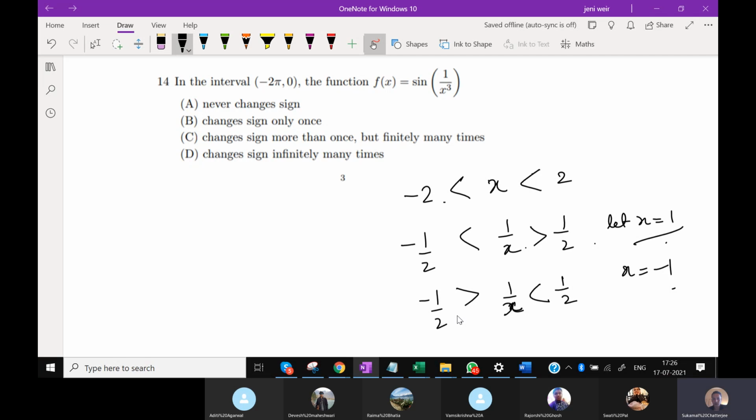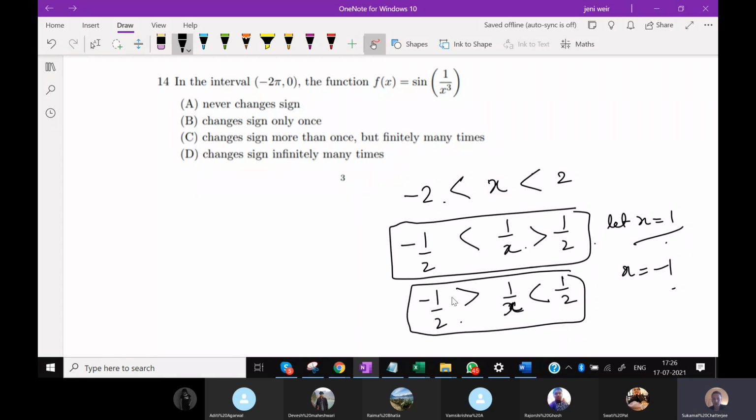This is a very important concept of inequalities that you have to be very clear about. When x is positive, then this holds. But when x is negative, then this becomes less than both.